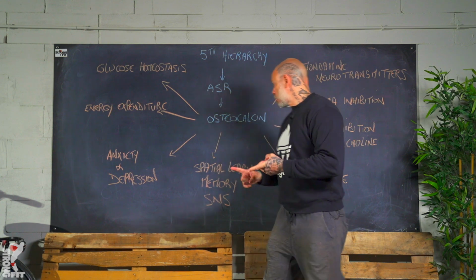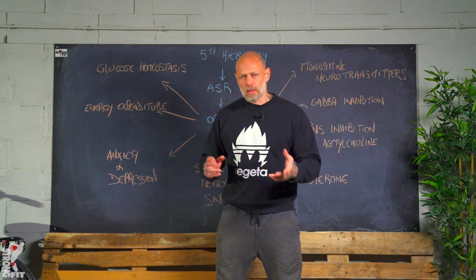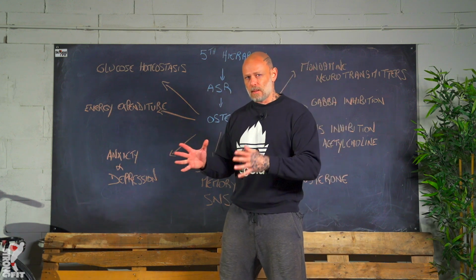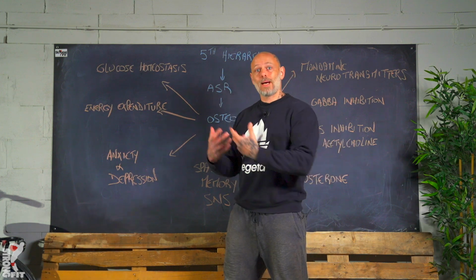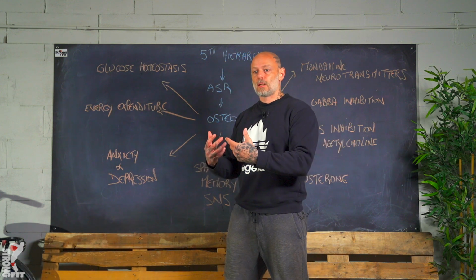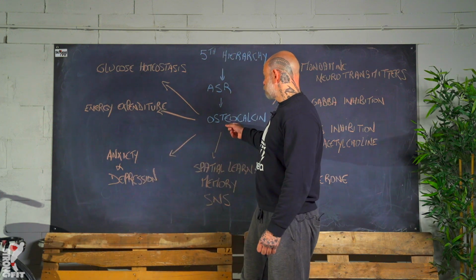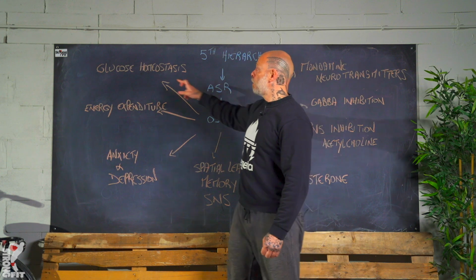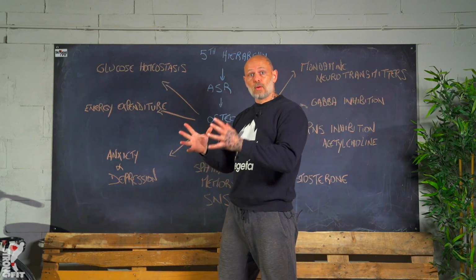And that's going to come into play right here. I'll explain why. But if you remember the melanocortin vagus axis, I was explaining that the sympathetic is in charge of burning the fat, but the parasympathetic side, the vagus nerve, is in charge of creating fat, right? And so we saw that with an increase of osteocalcin, we saw glucose homeostasis. So we see resistance to high levels of glucose in the blood.